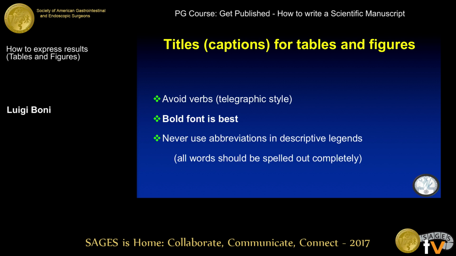For the title, you want to have something that catches the attention of the reader and something that actually gives you the idea of what the table or the figure is all about. So be telegraphic, avoid any verbs, okay?